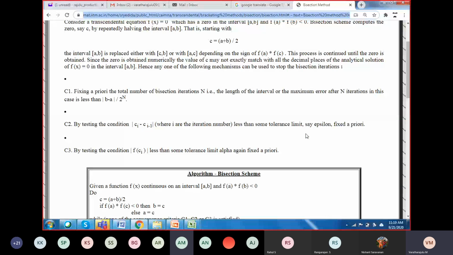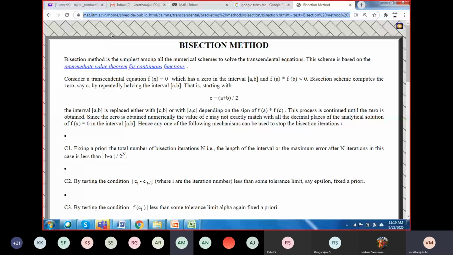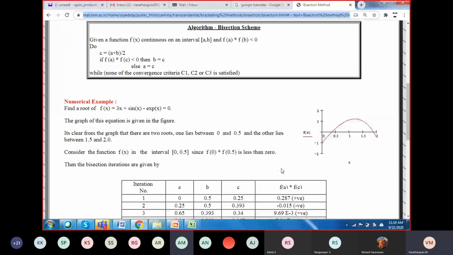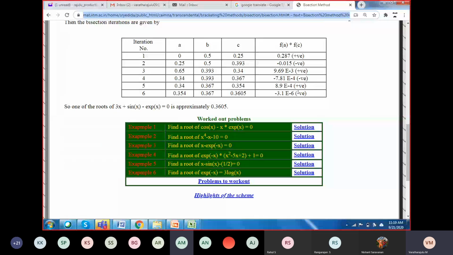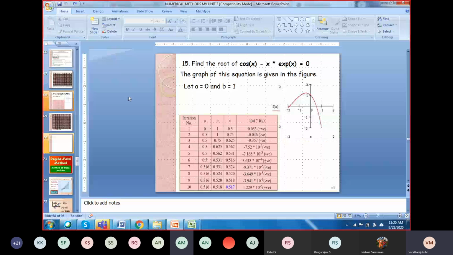I have taken the same example and solved it with the aid of Excel, and the accuracy of the solution matches the given IIT material. Please have a visit in our PPT and solve this particular problem for your practice. Please make a note: your problem number 15 is class X.